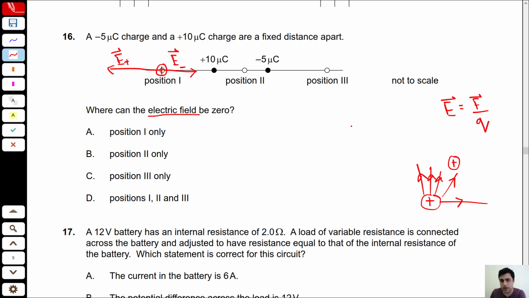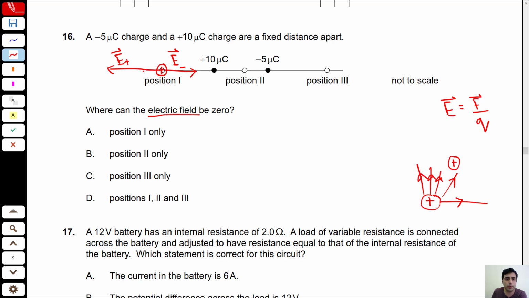The electric field strength is directly proportional to electrostatic force, and the force due to this one will be smaller because negative 5 coulomb is a smaller charge in magnitude and is also further away. That is why I drew a smaller arrow.